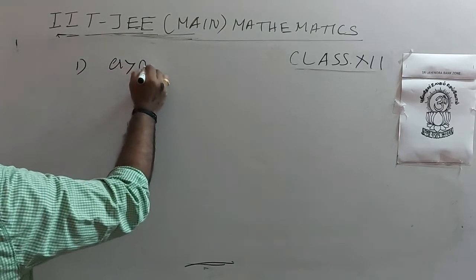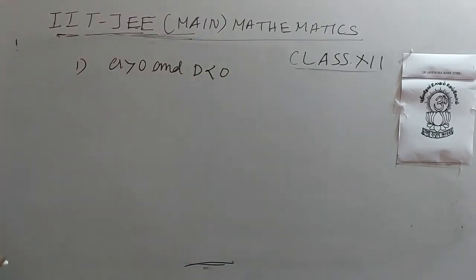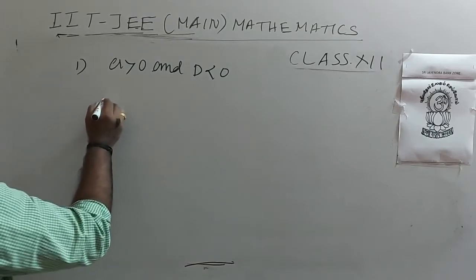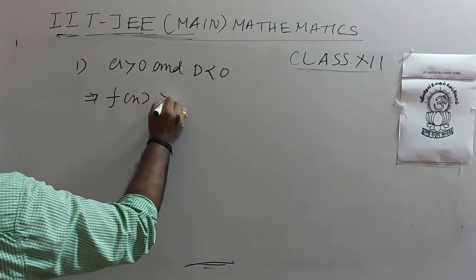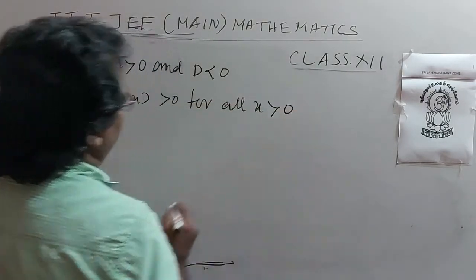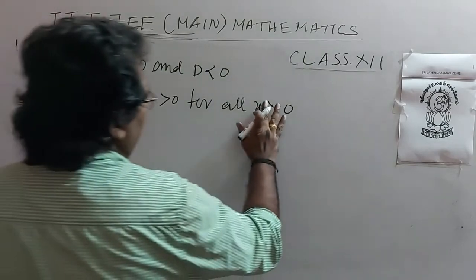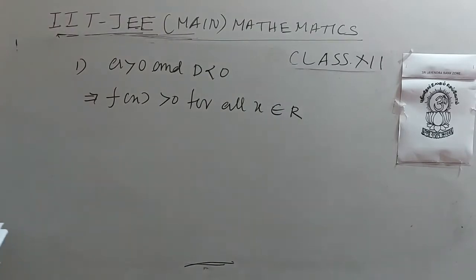A is greater than 0 and discriminant is less than 0, which implies f of x greater than 0 for all x belongs to R. A greater than 0 and D less than 0, f of x will be positive.